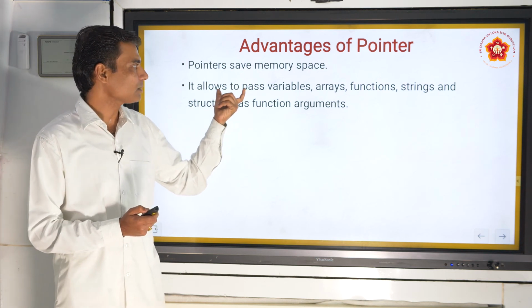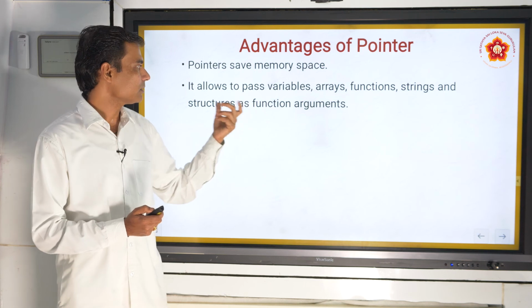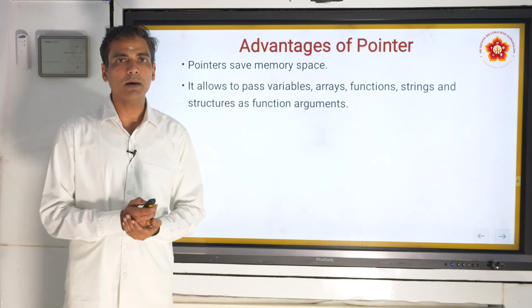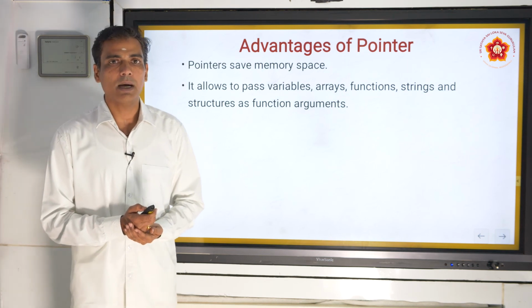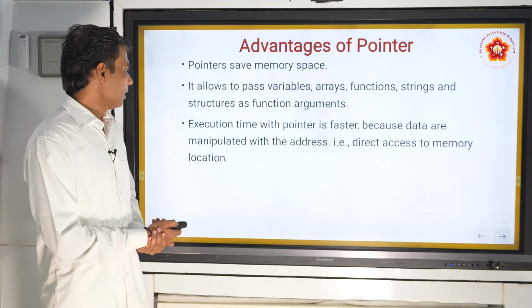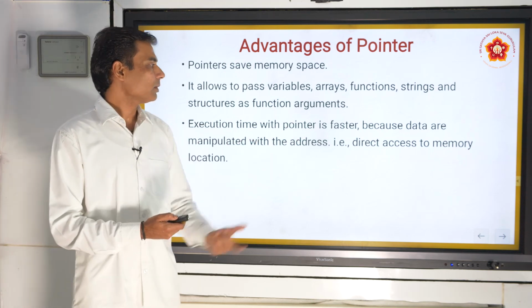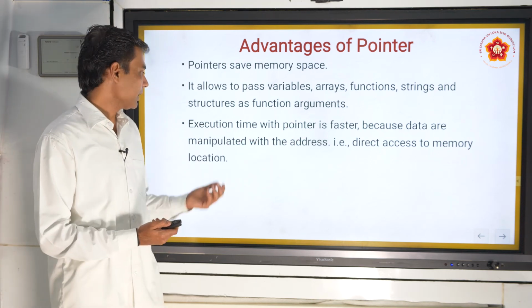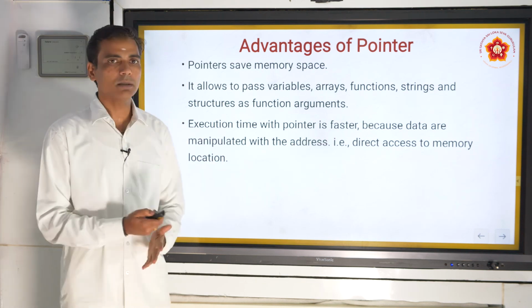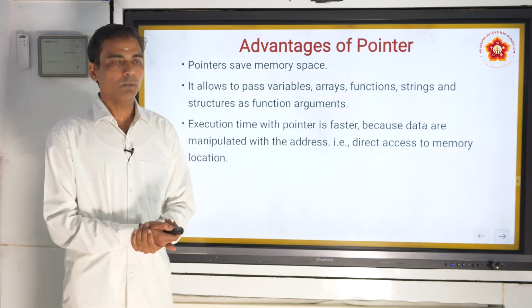It allows passing variables, arrays, functions and strings as function arguments. Up to this point, we have seen that we can pass function arguments by value. Then execution time with pointers is faster because data are manipulated with the address, that is direct access to the memory location. That's why you can access the data very fast.